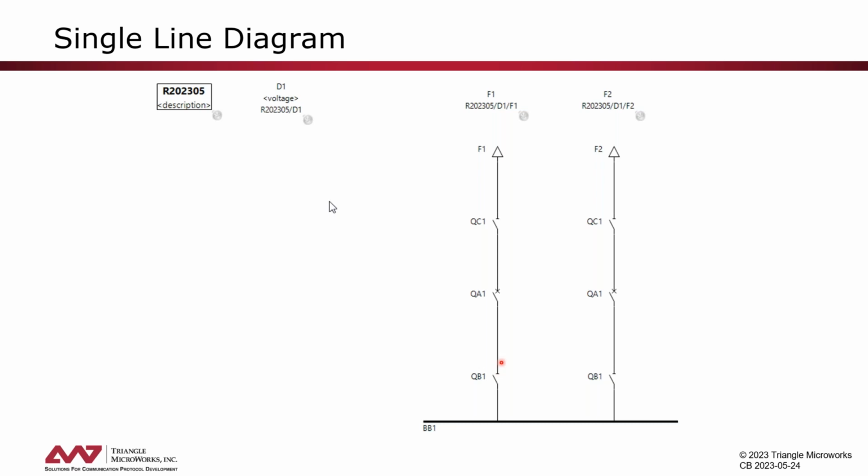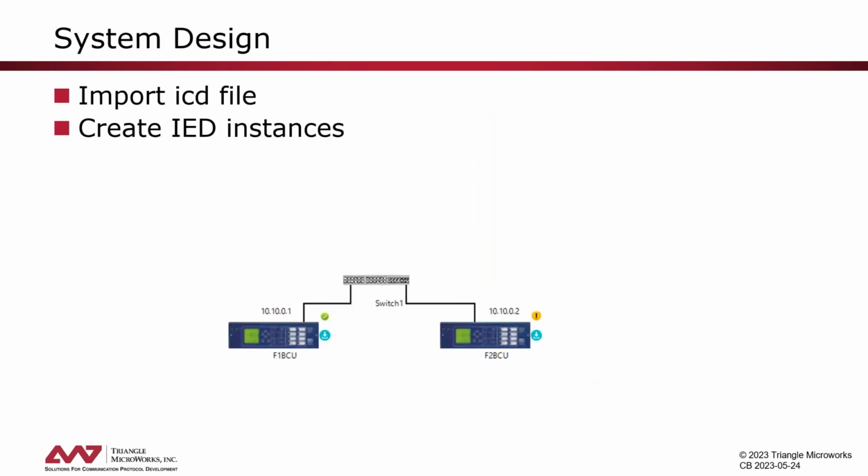If one breaker here fails, the other breaker needs to be tripped in order to clear the fault. Next, we import our ICD files and we create our IED instances. So down here we see now we imported the ICD file for this SCL 401 device, and we created two instances called F1 BCU for feeder 1 bay control unit and F2 BCU.